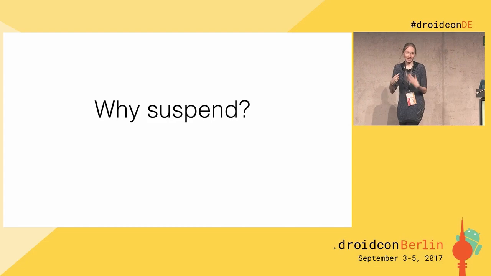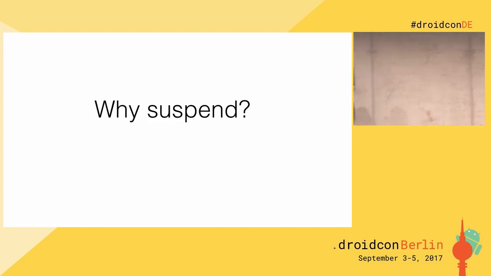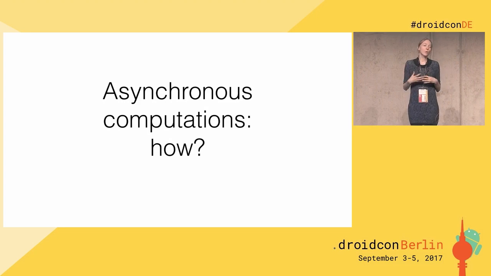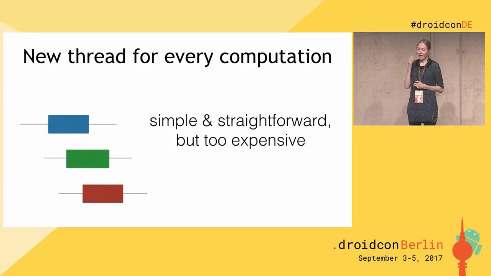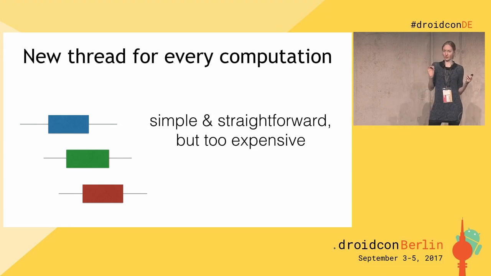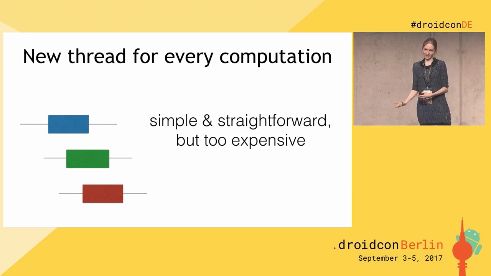Why suspend? To answer this question, let's discuss at first how we can in general do asynchronous computations. A very naive approach would be to start a new thread for every new computation. This works. It is very simple and straightforward. However, it's too expensive.